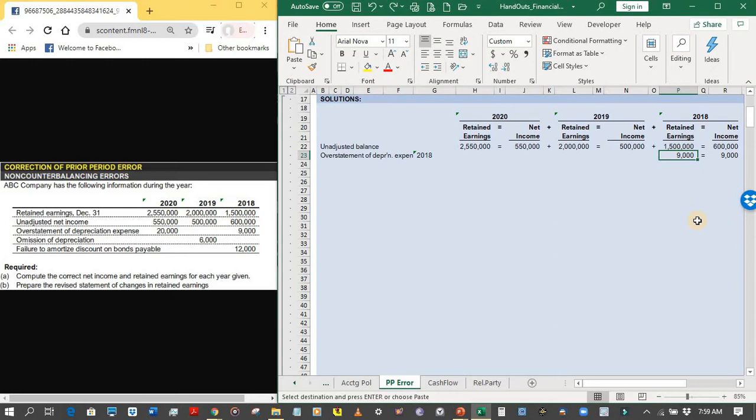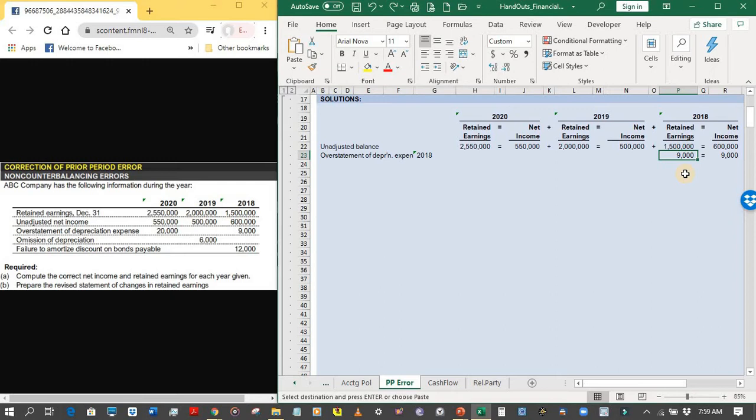However, for the succeeding years, the question is, does the 9,000 pesos still have an effect on the net income and retained earnings in 2019 and 2020? Since this error is a non-counterbalancing error, the net income for 2019 and 2020 will not be affected.